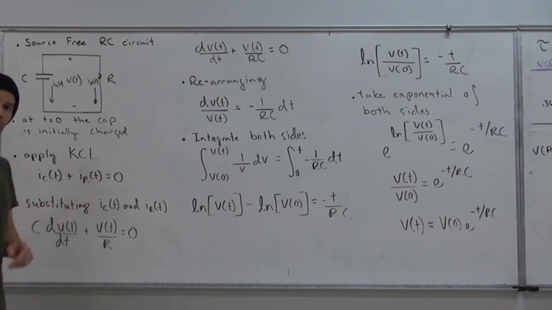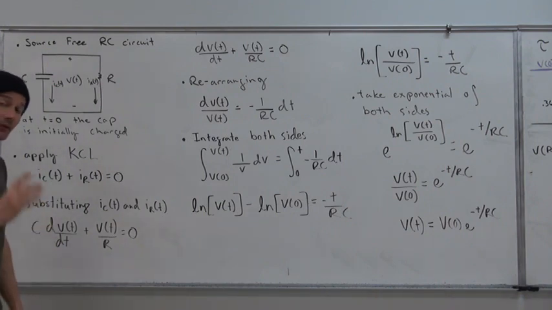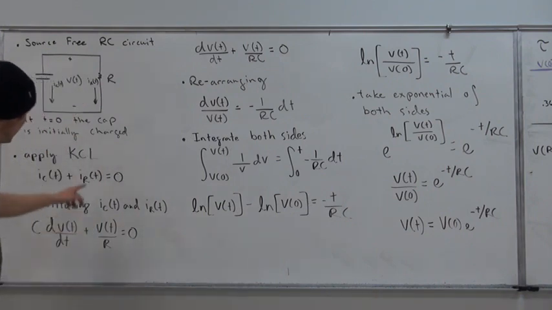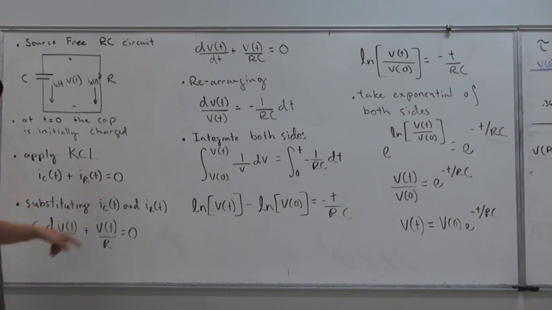Now, one thing before I go any further that I want to note is that we're saying I_C(t), I_R(t), instead of just saying I_C or I_R. The reason I'm denoting a t, or time, with respect to that current is because now we're looking at time-varying responses.